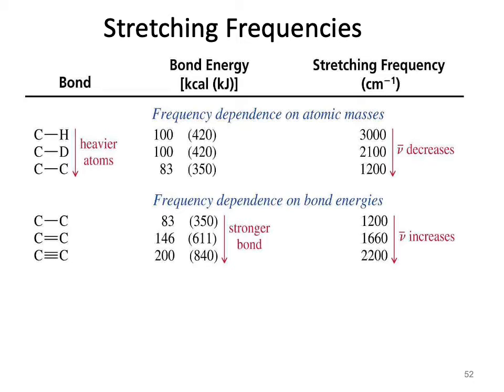As we increase the mass going from the CH group to the CD group and then the CC group, we have a decrease, but with increasing bond energy, we have an increase of the stretching frequency.